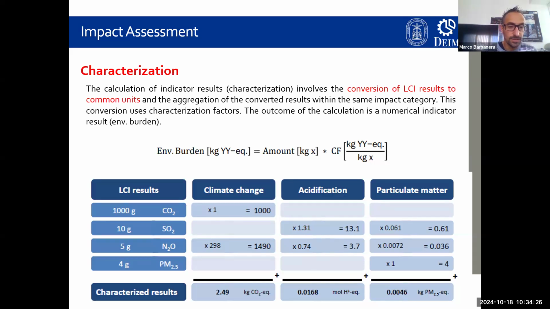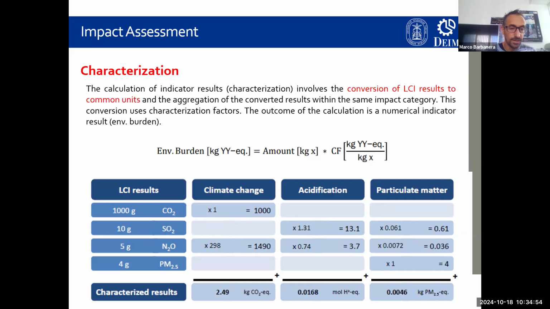So in this case, CO2, for example, is multiplied by 1. In this case, the characterization factor is equal to 1 for CO2 because obviously the contribution of CO2 to this impact category, to climate change, corresponds to 1 kilogram of CO2 equivalent.